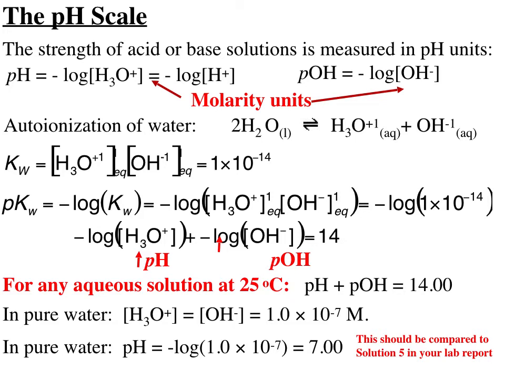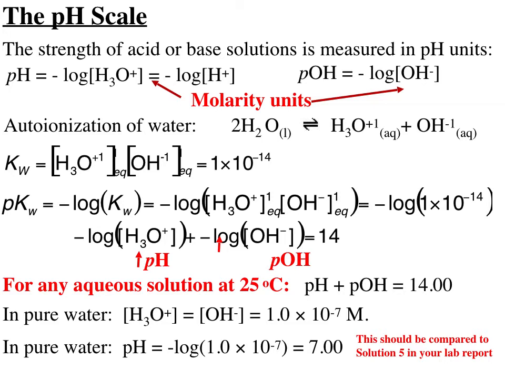And since those two terms are the definitions of pH and pOH, I can simplify this crazy expression down to a nice simple form. For any aqueous solution at 25 degrees C, pH plus pOH is equal to 14.